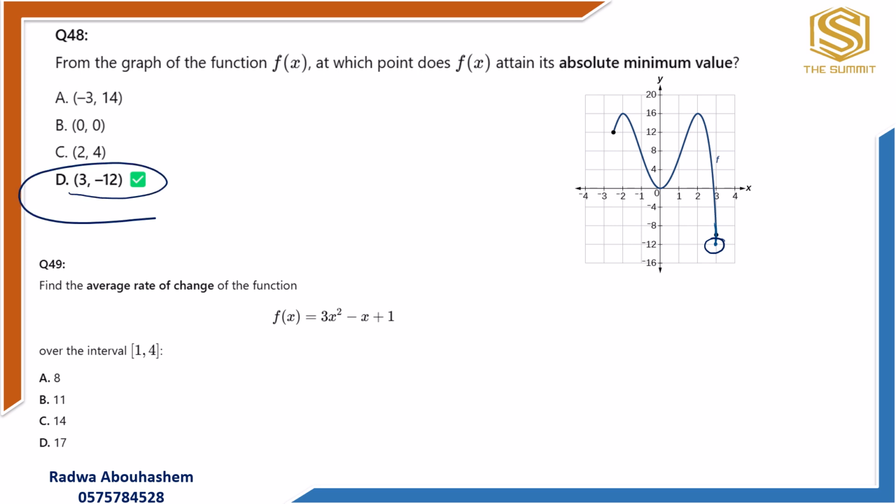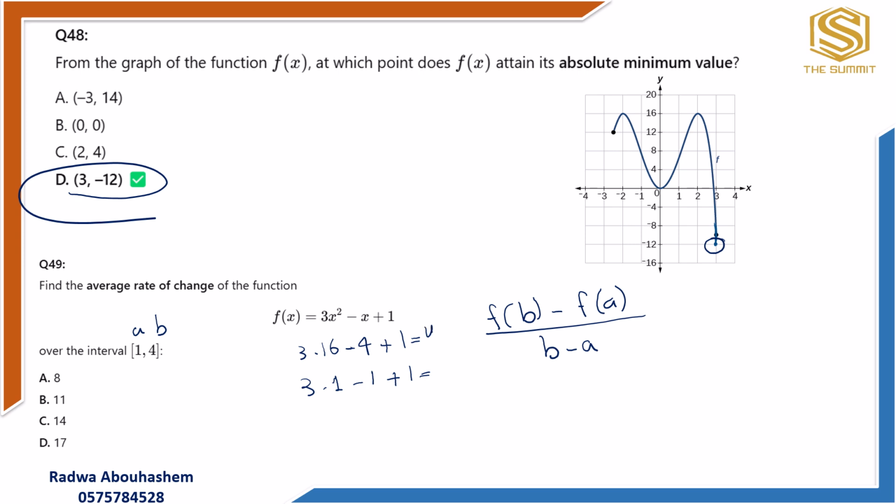Find the average rate of change of the function. Remember the rule of the average change? f(b) minus f(a) over b minus a. This is a and this is b. So let's substitute first 1 and 4. If I substitute 4, 3 times 16 minus 4 plus 1.